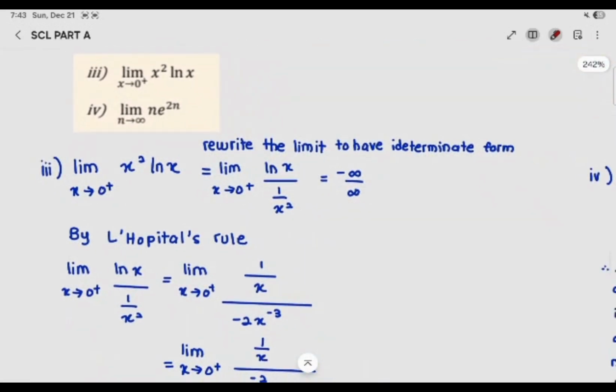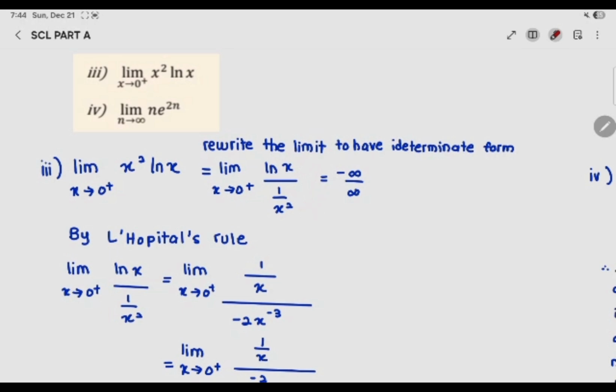To apply L'Hopital's rule, the expression must be written in the form of a fraction. So, x squared times ln x is rewritten as ln x divided by 1 over x squared.